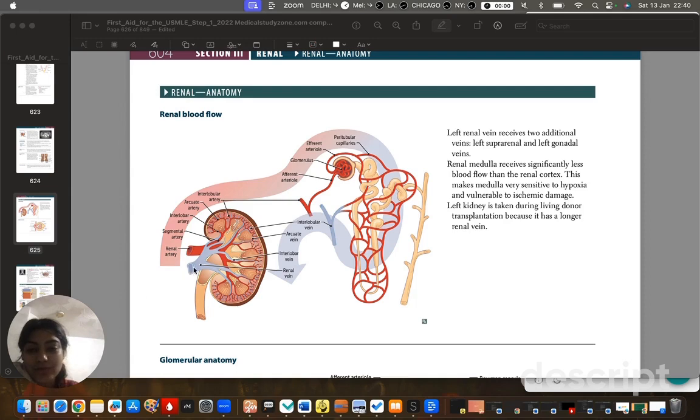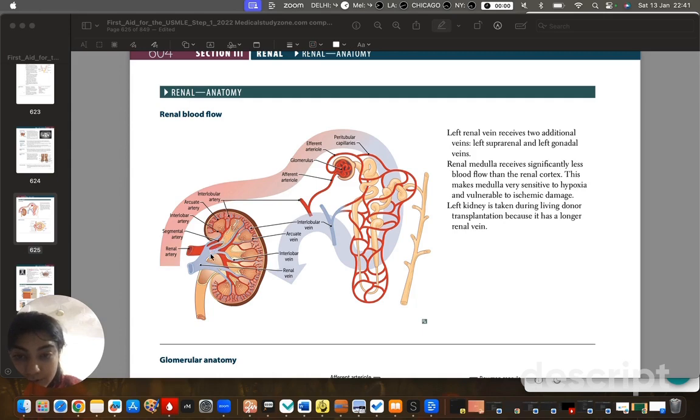Okay, coming to the renal arteries and veins. First of all, we have the aorta, through which we have the two renal arteries popping out like this. So look at this kidney, we have the renal artery going in. This is important because now it divides, and how it divides we must also know. So first of all, it divides into the segmental arteries.